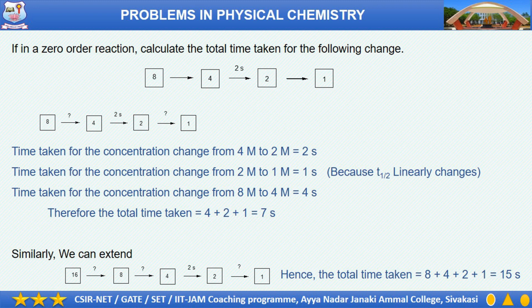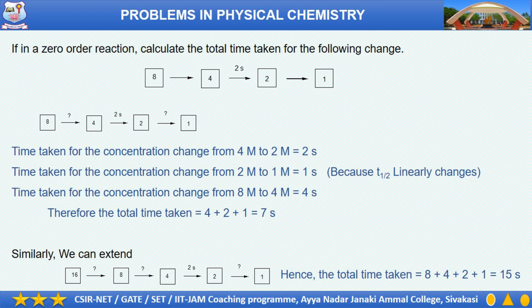Therefore, T half is also 2 times decrease. It is 1 second. Here, concentration is 4 times increase, for 2 times increase. Therefore, the time is also 4 increase. Therefore, the total time is 4 plus 2 plus 1.